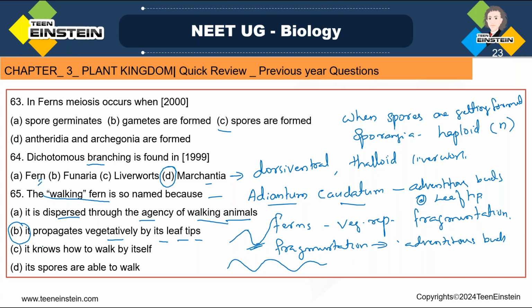No. Then option C, it knows how to walk by itself. You can blindly remove those answers because we cannot include them as an answer. Its spores are able to walk. That is also nonsense. There is no sense in that option, right? So it propagates vegetatively by its leaf tip. That's the answer.